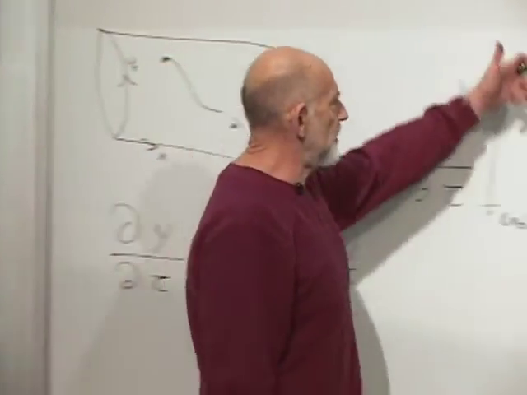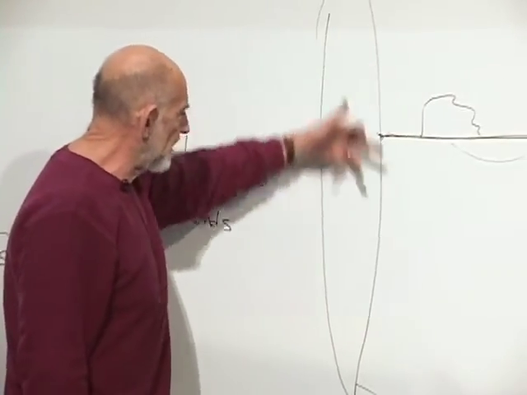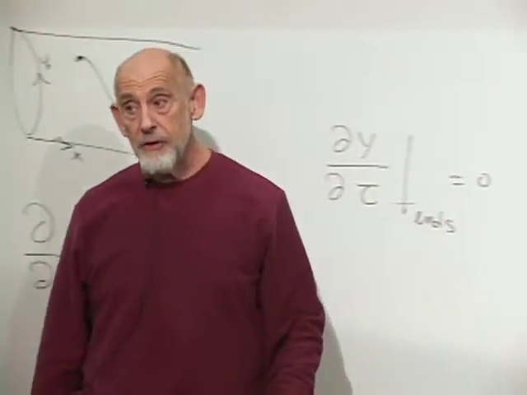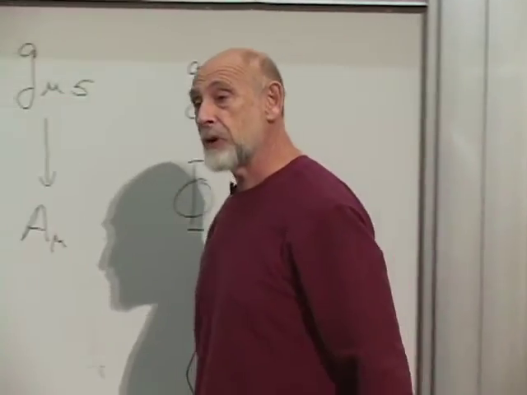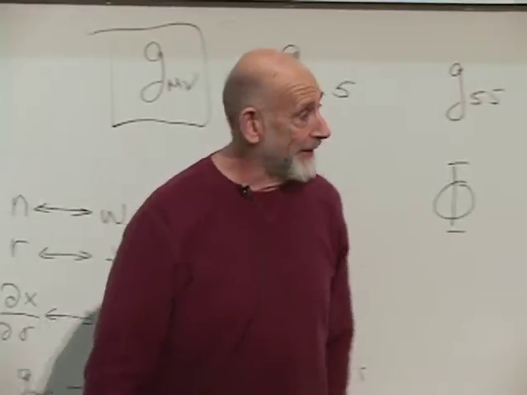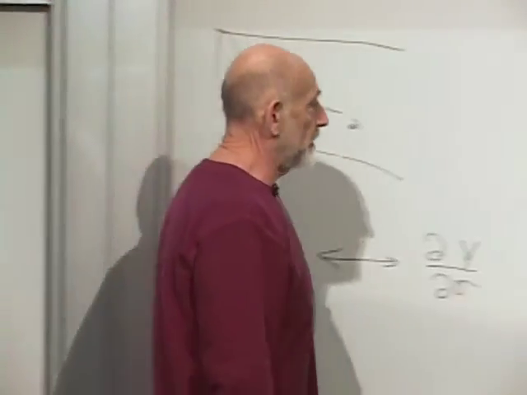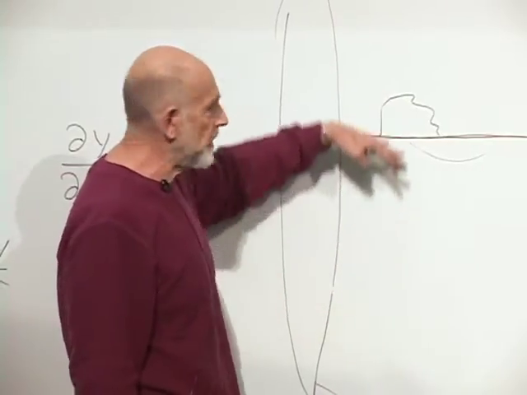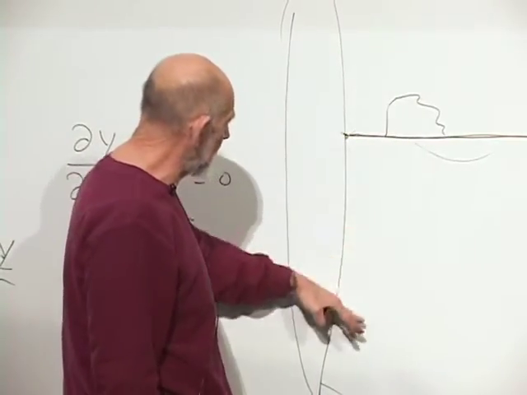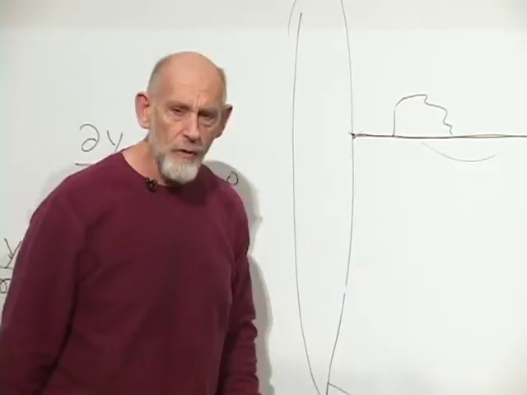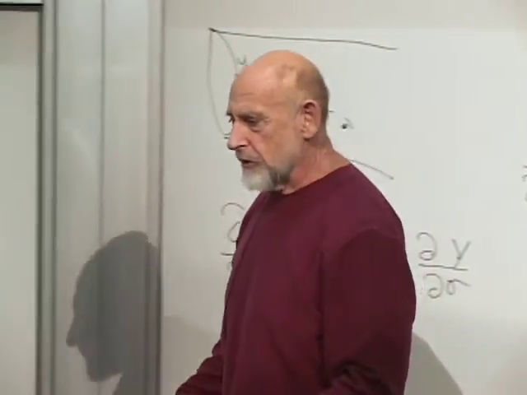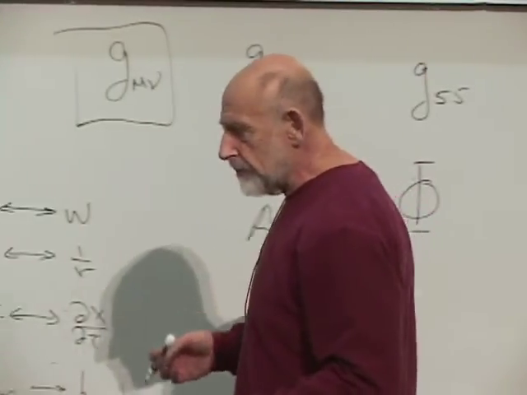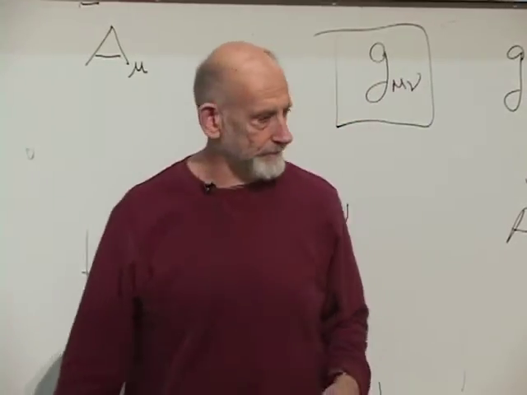Now, what position do you put it at? Here, here, here? Well, the answer is that you better be able to put it anywhere. So, therefore, this has to be a movable object because there was nothing special about one point in space and the other point in space along these axes. So, there's got to be a movable object which functions as an anchor point for the ends of strings.